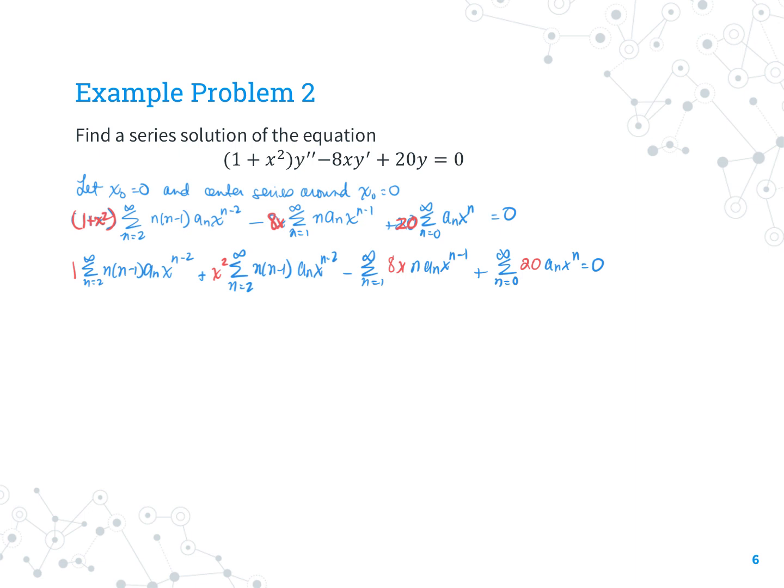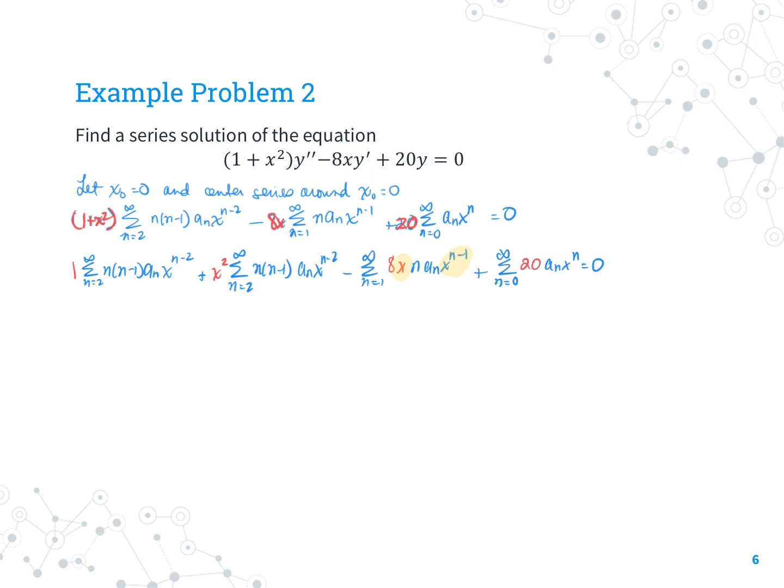Well, this is where things start to get a little bit more interesting because now we have an x to the 1 and an x to the n minus 1. So we're going to end up adding that power of the 1 to the n minus 1.